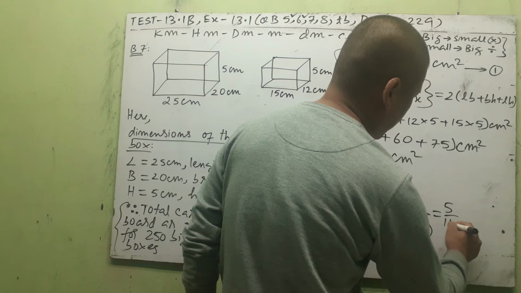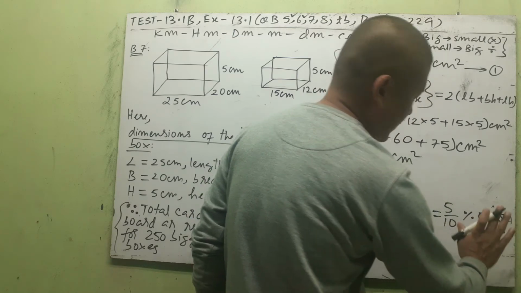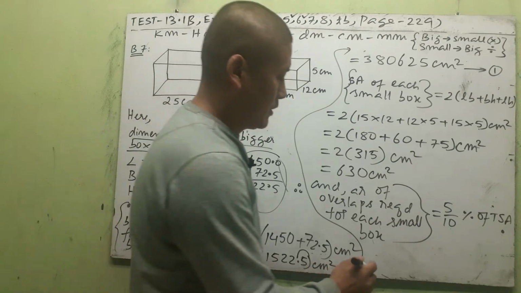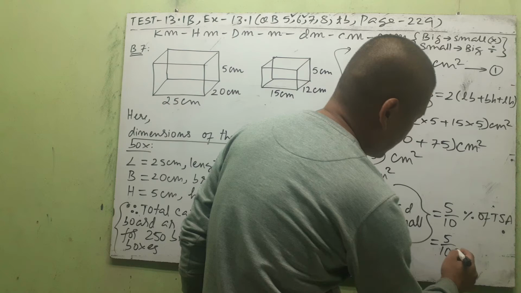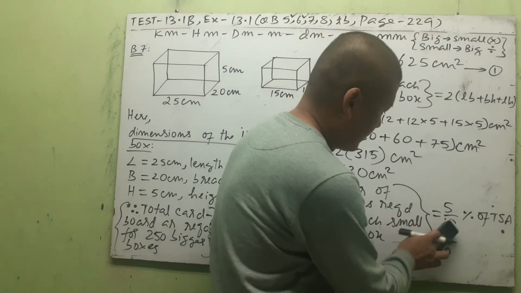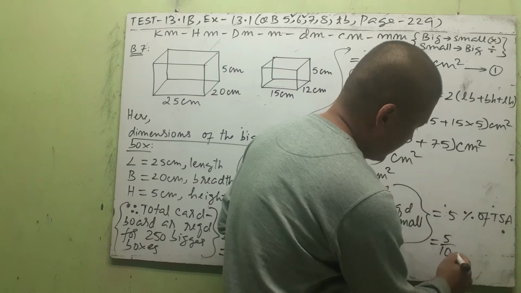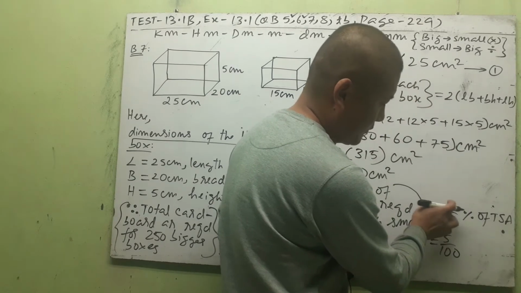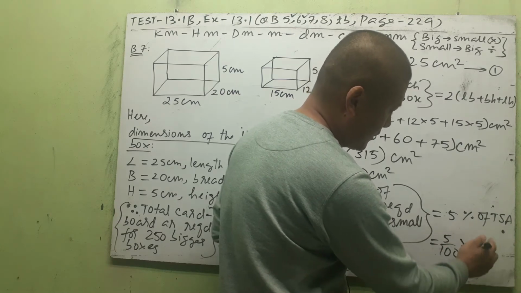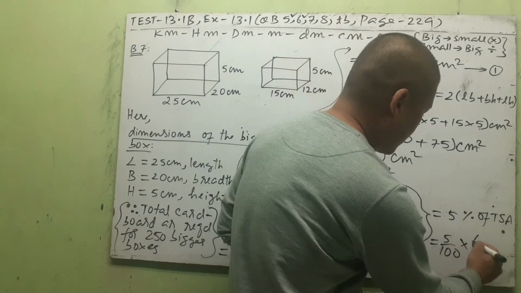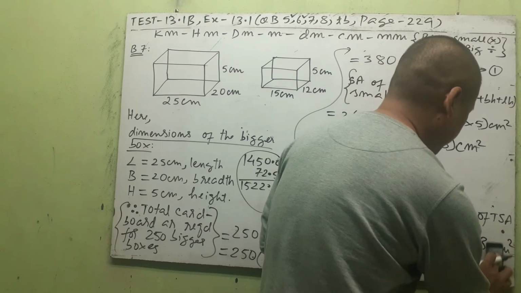Again, the question has said 5% of the total surface area of the small box. So that will be equal to 5%. If you remove the percent sign, then 100 will come in the denominator. Percent simply means divided by 100, into the total surface area of each box, which is 630 centimeter square.